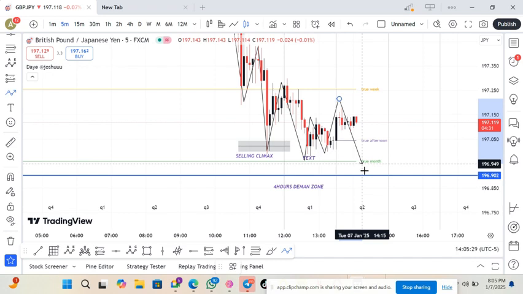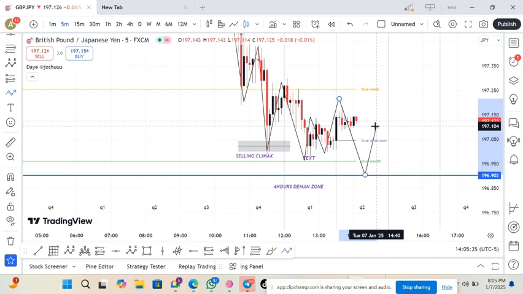So once this is taken out, we are expecting, because price has already broken through the 2 week open. You can see it on the top here, the 2 week open. So now we'll be using the psychological level to navigate when to exactly enter and how to enter this trade.